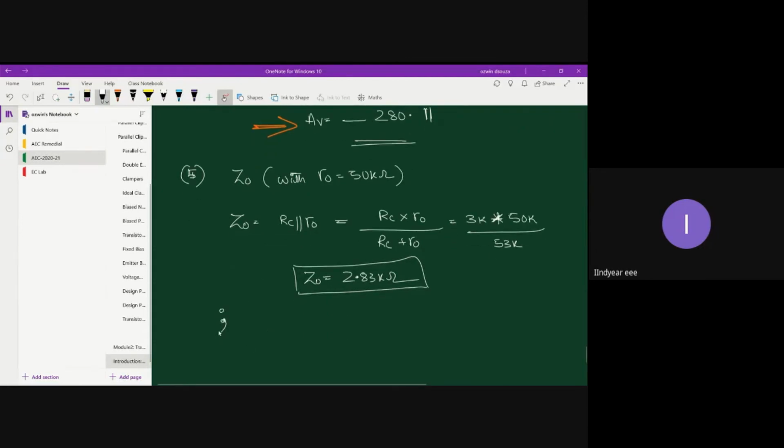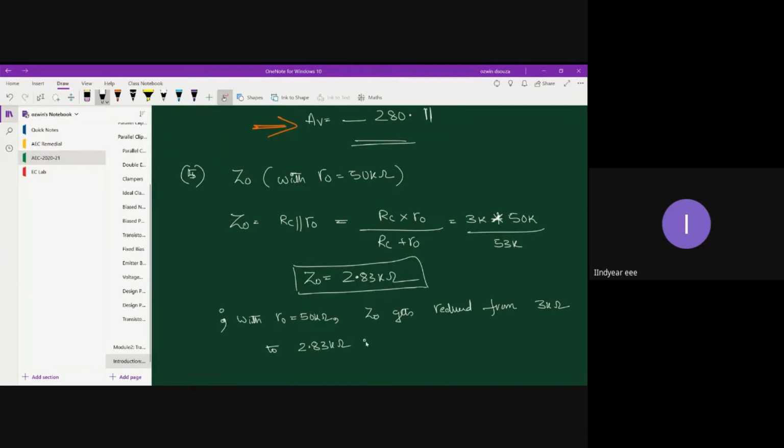Since they have asked you to compare the values, you can say that with R0 equal to 50 kilo ohm, Z0 gets reduced from 3 kilo ohm to 2.83 kilo ohm.